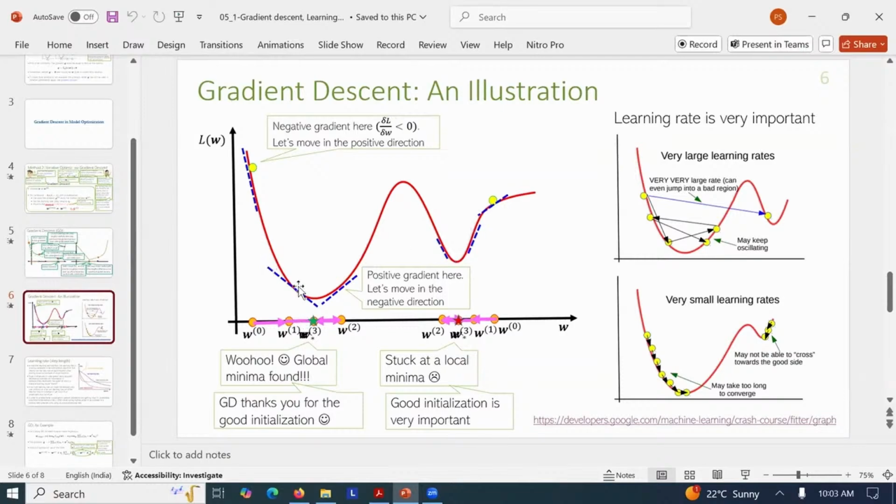There are lots of hyperparameters, and by tuning those parameters you will get the optimal solution. Because if you want to jump from this side to this side, you have to increase your learning rate. Otherwise, you will be stuck at this position forever.